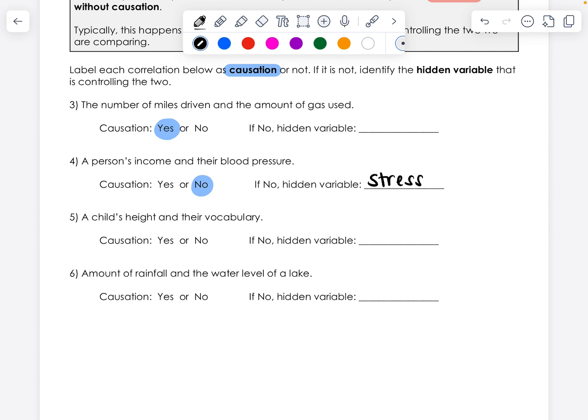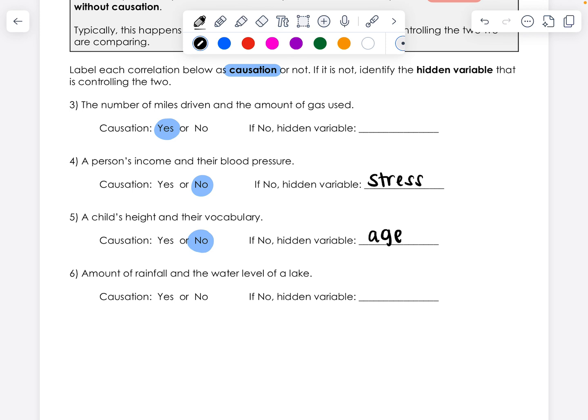Okay, a child's height and their vocabulary. Does height always impact their vocabulary? The taller you are, do you know more words? And this one would be no. This is not a causation. This is just a correlation. What would probably impact this more likely is the age. Maybe you're older, so you're taller and you know more words. But just because you're tall doesn't mean you know more words.